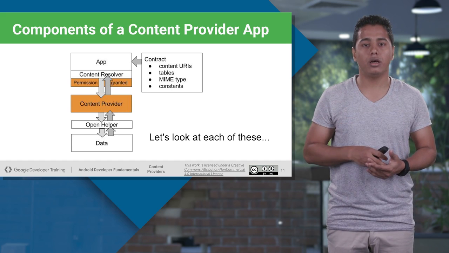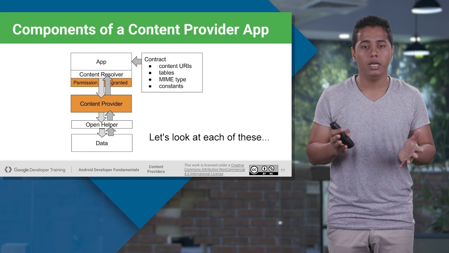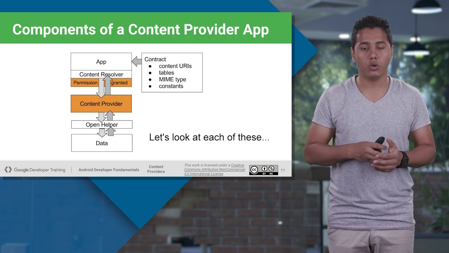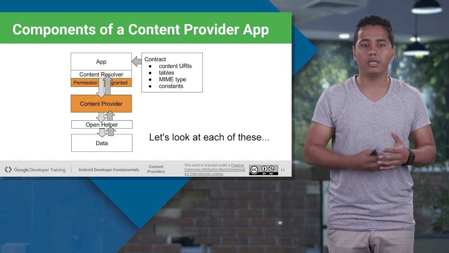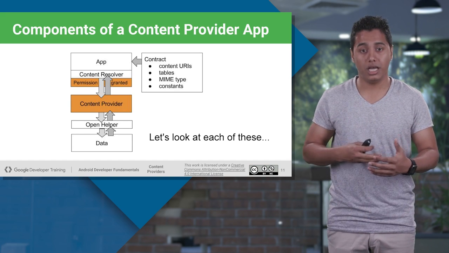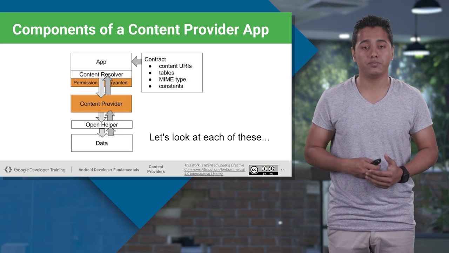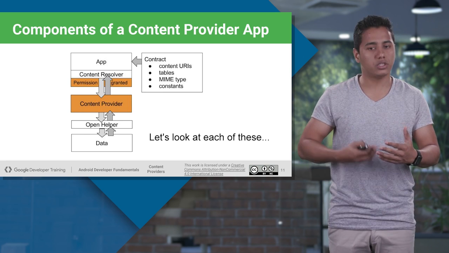And inside your application only, you will be creating a Content Provider class by extending Content Provider. Once you create a Content Provider class, inside that you will be implementing your SQLiteOpenHelper class, because that's the class which is responsible for creating your database. And that SQLiteOpenHelper class will in turn access your data.